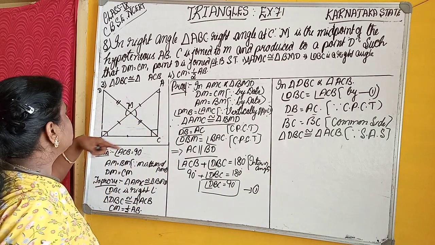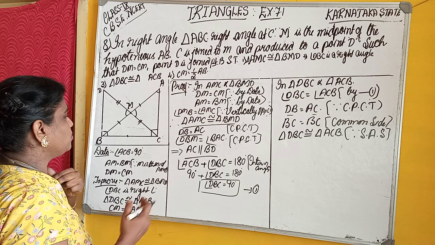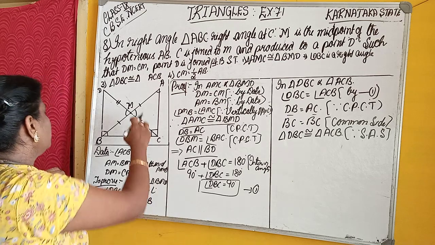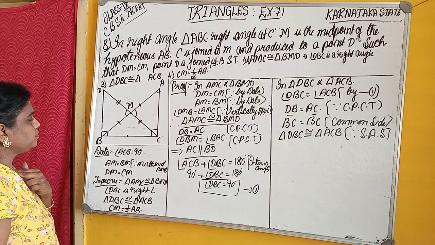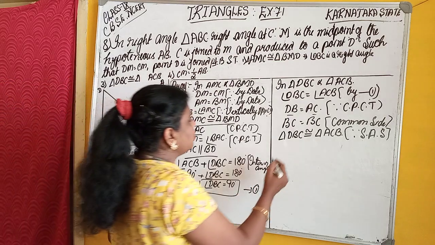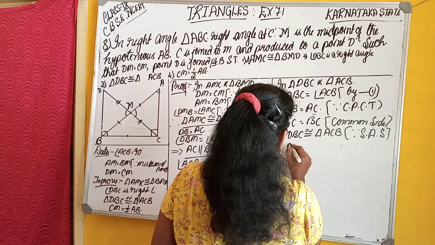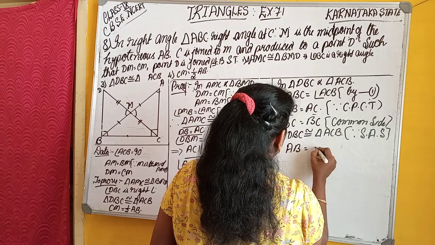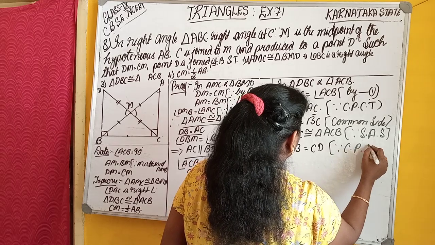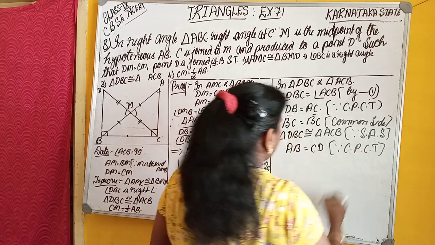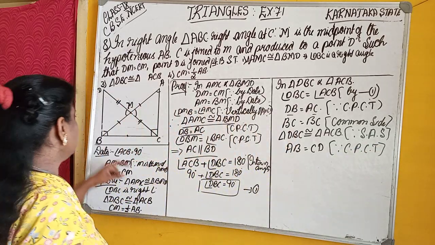Therefore, the corresponding sides are equal. Which ones? AB is equal to CD, by CPCT, corresponding parts of the congruent triangles.